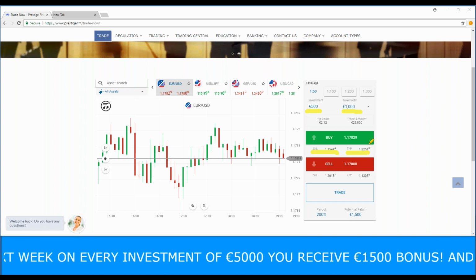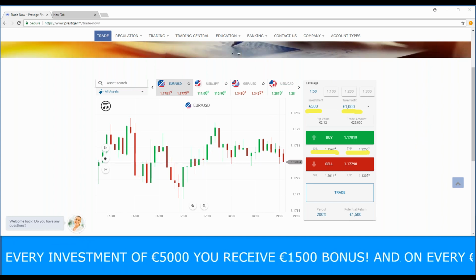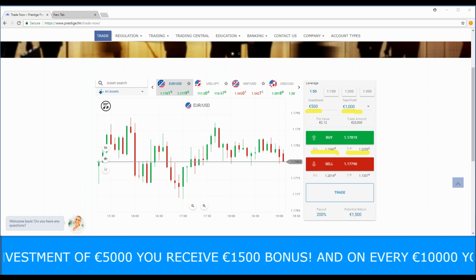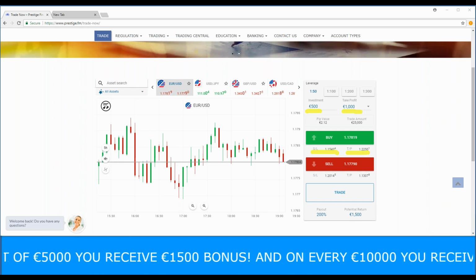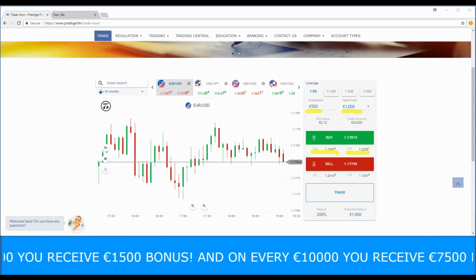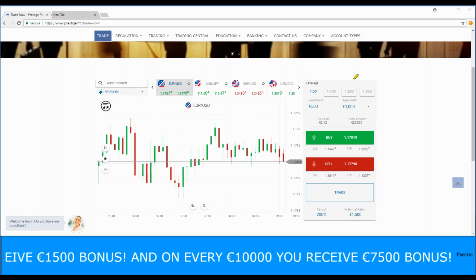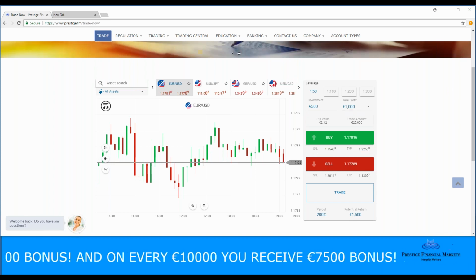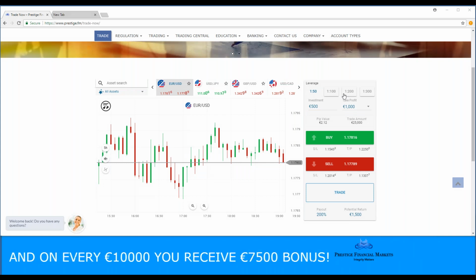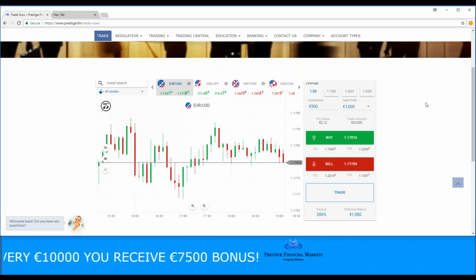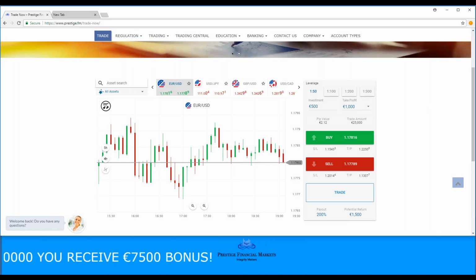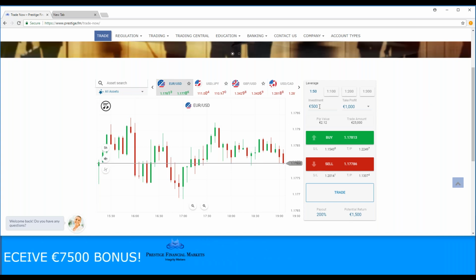So I will now spend more time on leverage and pip value because they're really important, and in the overall financial industry they're the least understood. I don't know why, but maybe because they're a little bit complicated.